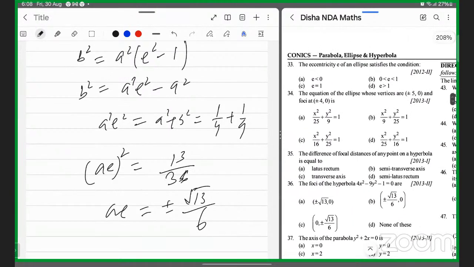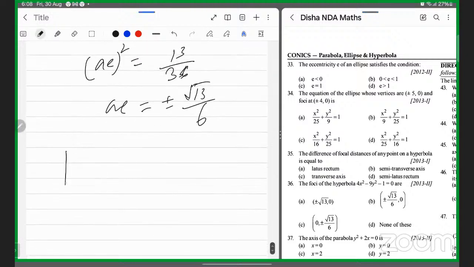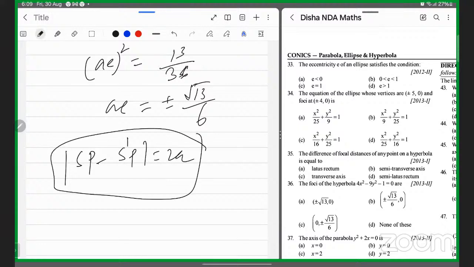Now, the difference of the focal distances of any point on the hyperbola is equal to the transverse axis. You know, for a hyperbola, modulus SP minus S dash P equals 2a. For a hyperbola, the difference of the focal distances is equal to the length of the transverse axis.